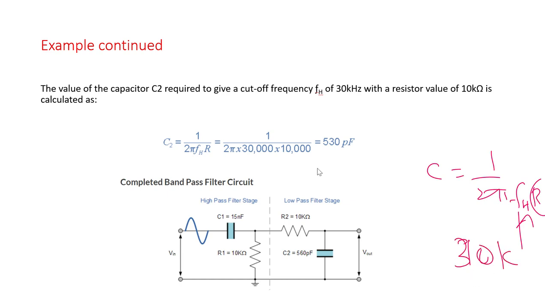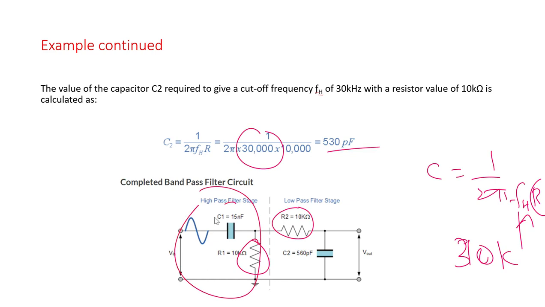So 30k will be introduced here, and this turns out to be 530 picofarad. So the whole design of the capacitor is that we are having 10k here, 10k here, and a high pass filter is here, so 15 nanofarad is here, low pass filter is here, so 560p is here. So this is the circuit that we intended to design.